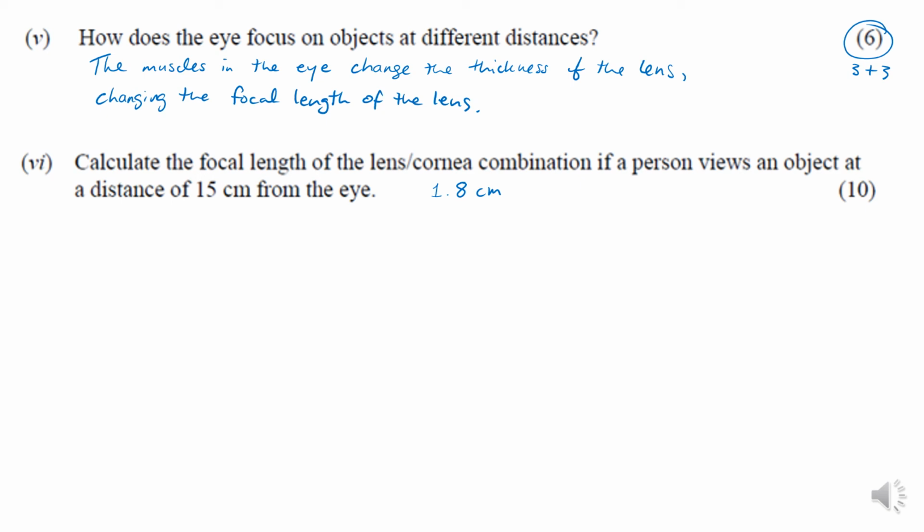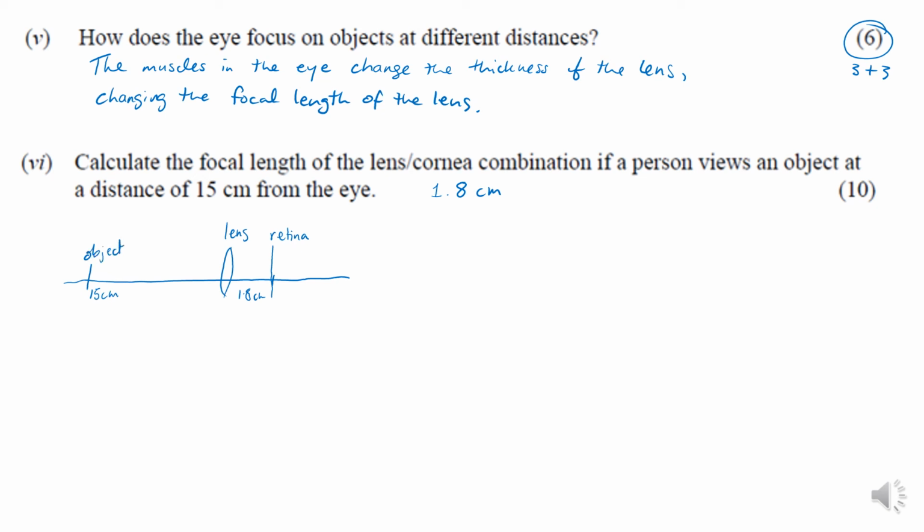Next, I'm going to do a quick sketch so that I understand the scenario, and in the center someplace I'm going to have the lens of my eye, 1.8 centimeters. Behind that I'll represent the retina, so this is where the image will be, and then not to scale, a distance in front of the lens of 15 centimeters will be my object.